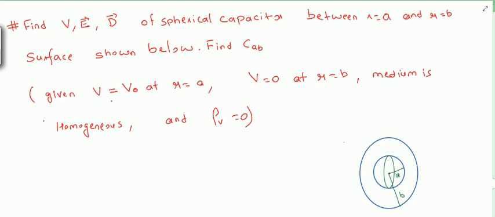The given value of V at R equals A is V naught, and for R equals B it is 0, so it is grounded. The medium is homogeneous, and rho v is given as 0.